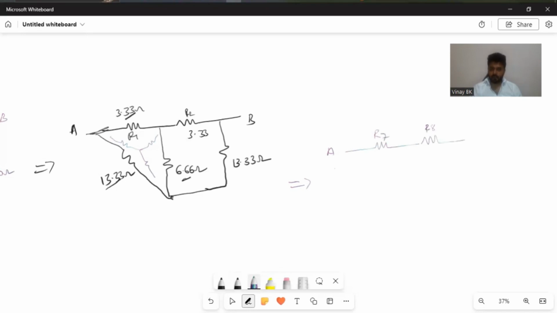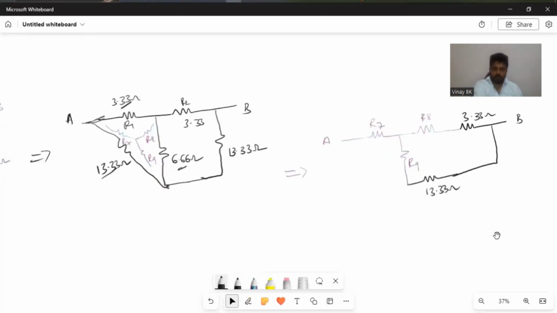In between R7 and R8 there is R9. So this is R7, R8, and this is R9. R9 is connected in series to 13.33 ohm, and this R8 is in series with 3.33 ohm at B, and this 13.33 and R9 is connected in parallel to this like this.